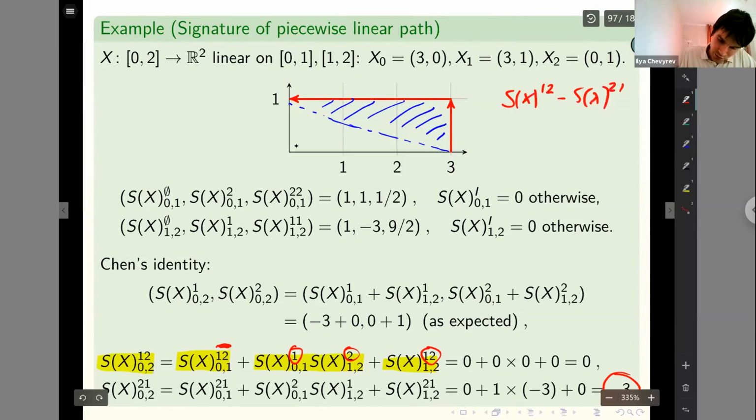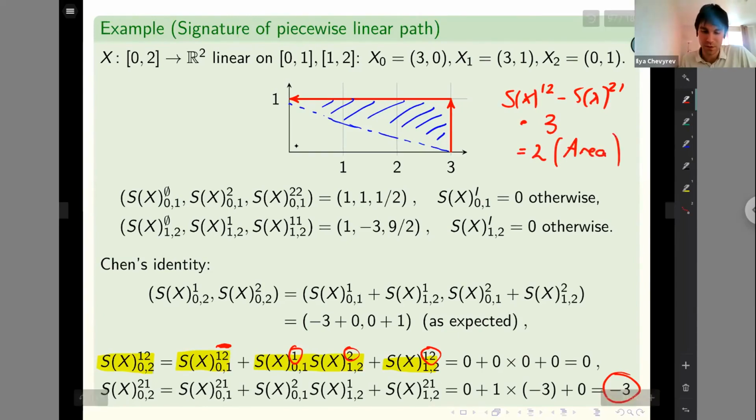This is equal to 3, because if I subtract -3 from 0, this is exactly 2 times this area, which is equal to 1.5. You can see that this is a triangle with base length 3 and height 1, so its area is 1.5. This is completely consistent with the interpretation as Levy's area, provided that you get counterclockwise and clockwise correct, which I did not at the beginning.